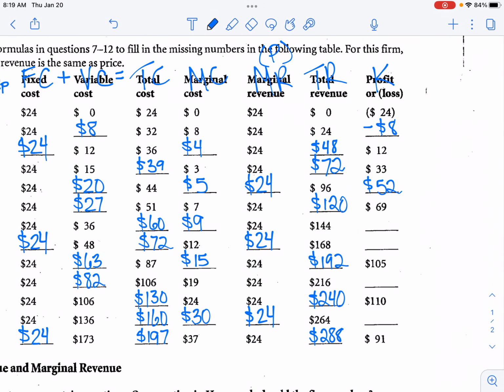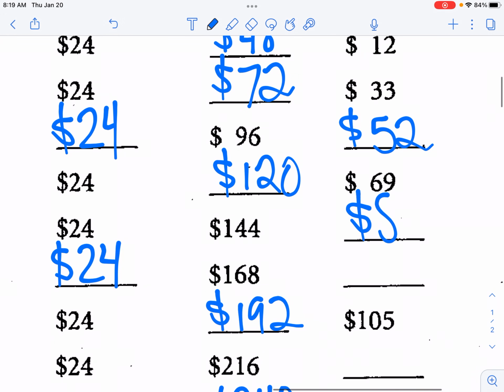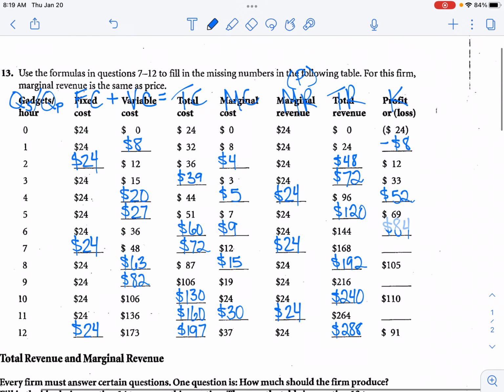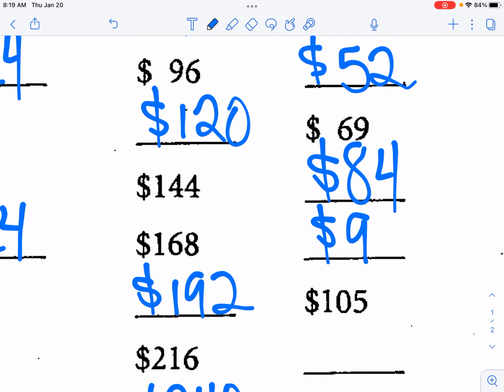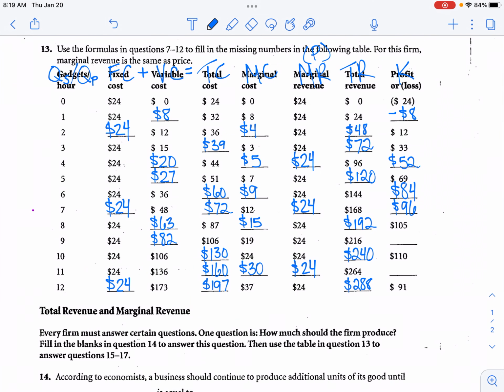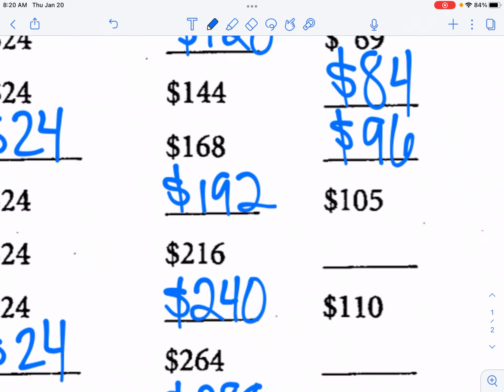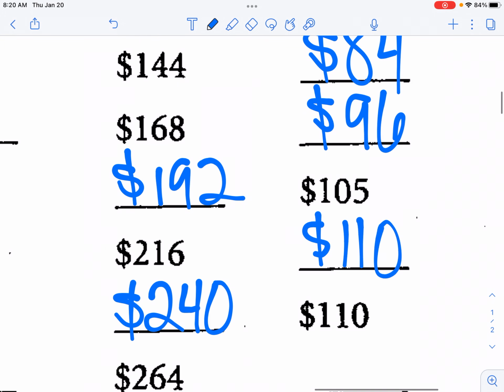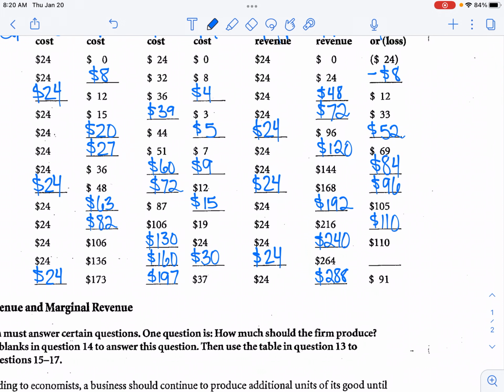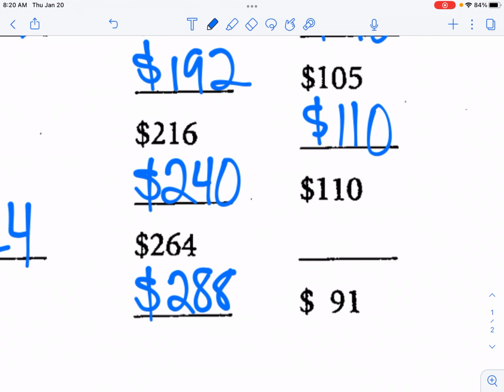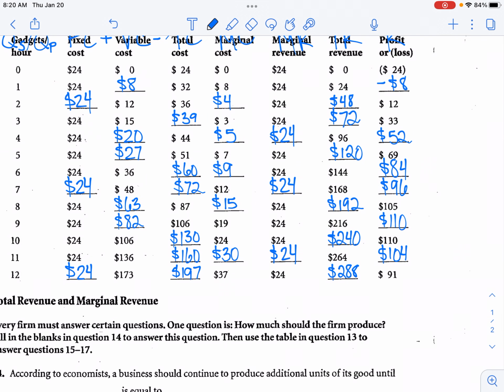Then we have 144 minus 60, which gives us 84. 168 minus 72 gives us 96. 216 minus 106 gives us 110. 264 minus 160 gives us 104. Notice at rows 9 and 10, the profit is $110, and then at 11 and 12, we see the profit is starting to decline again.